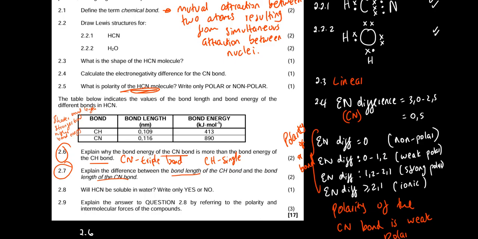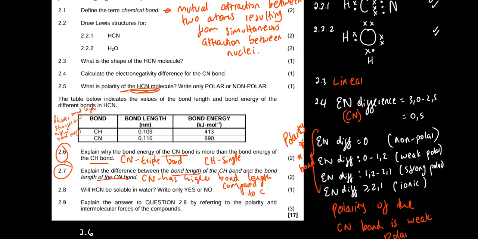So you will tell them that CN has a higher bond length compared to CH.